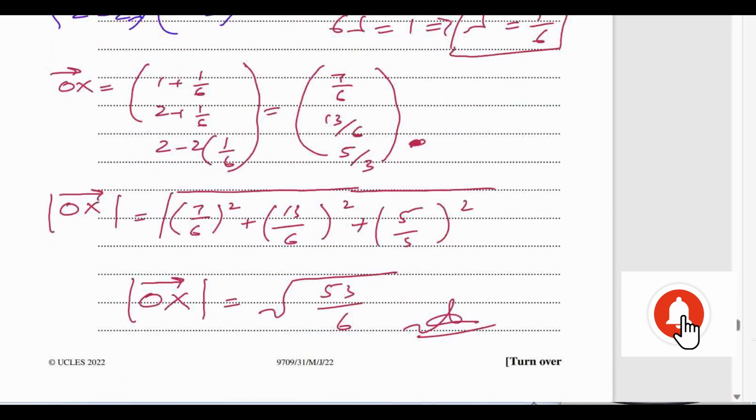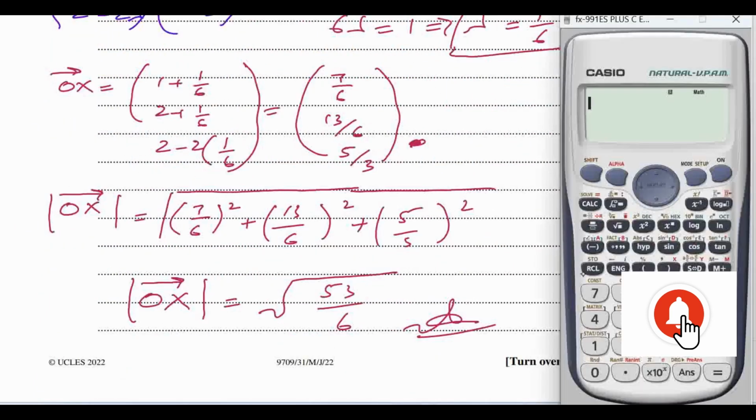Let's verify this a little on the calculator. 7 by 6 square plus 13 by 6 square plus 5 by 3 square.